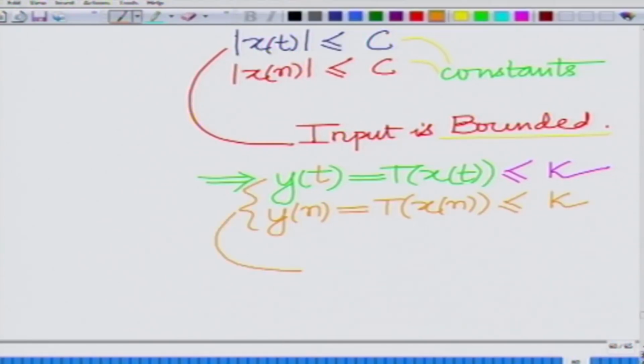That is, the outputs are bounded, meaning they are less than or equal to some constant.